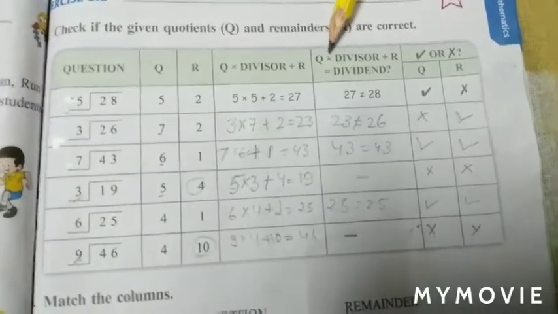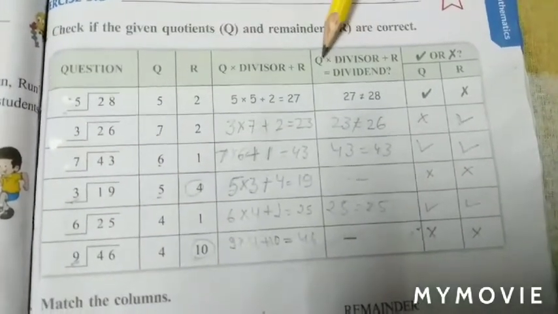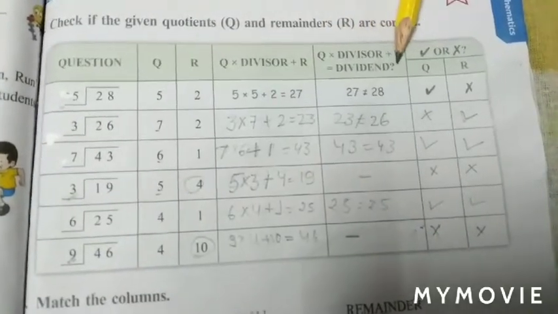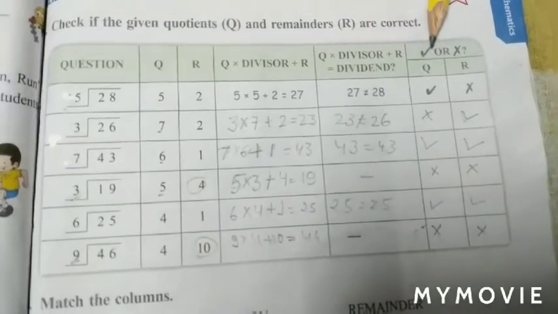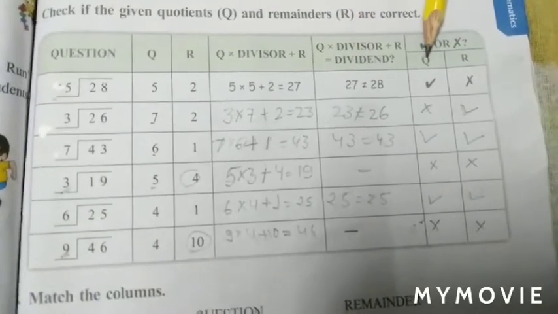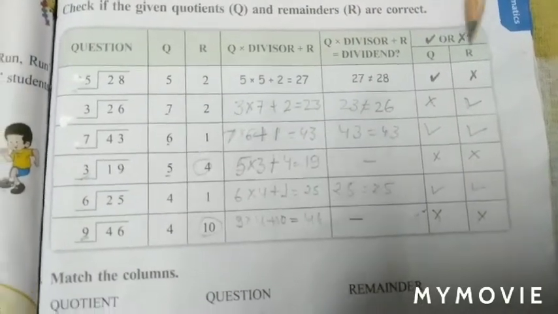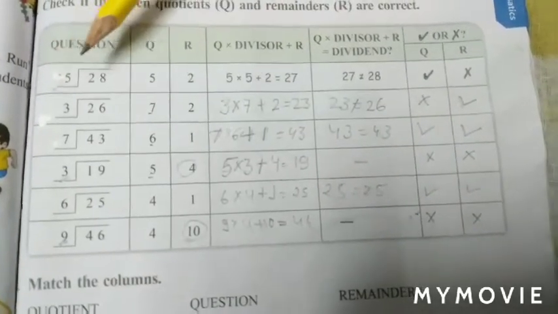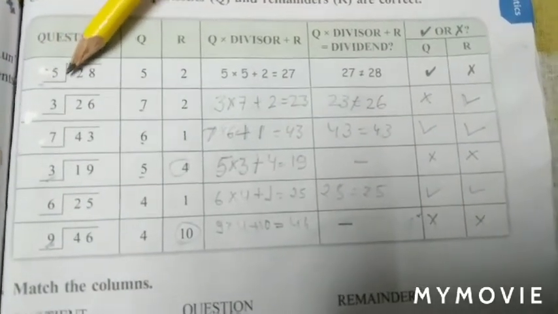Then this formula is completed to check whether quotient into divisor plus remainder equals the dividend or not. Then you have to find, according to this, whether the quotient is right or wrong, or the remainder is right or wrong. The first one is 28 divided by 5.